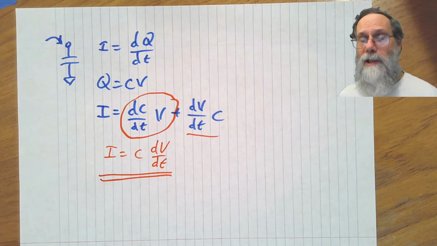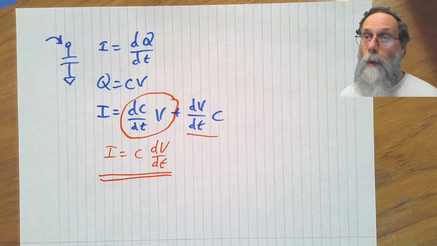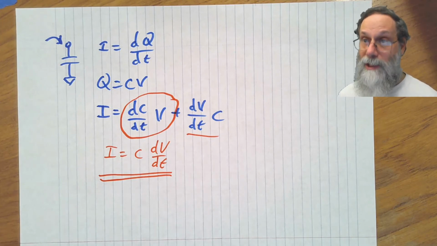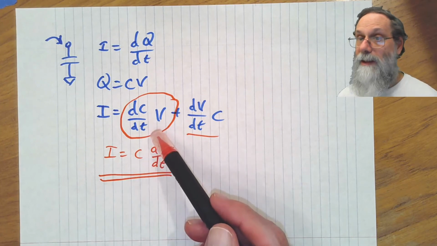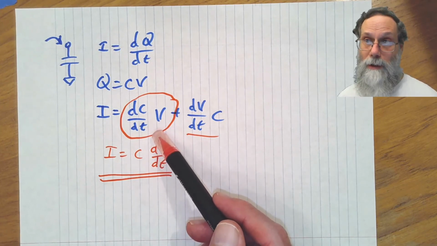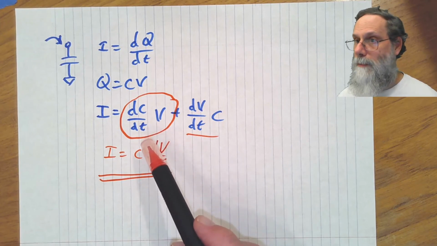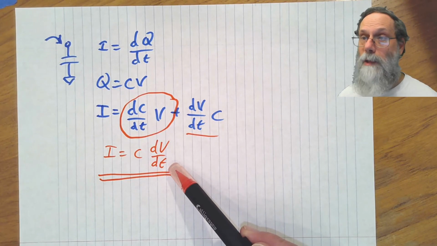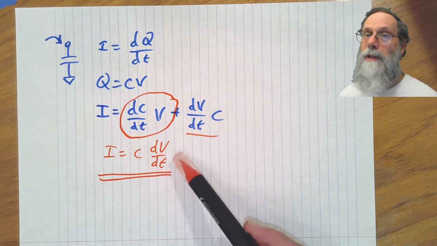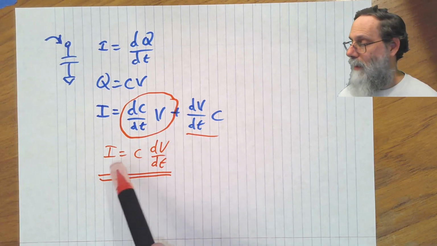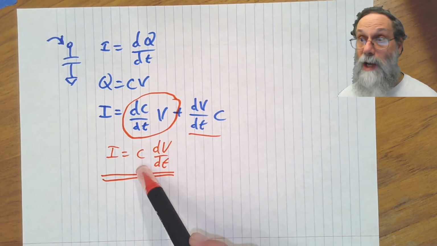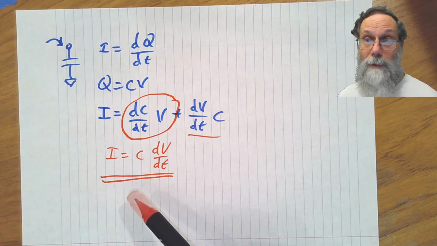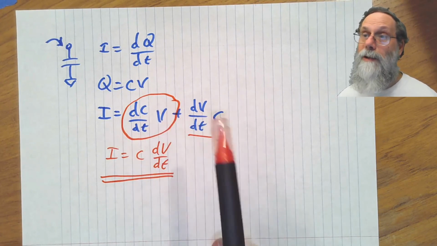When we're looking at capacitance-based sensors, where the signal we're interested in is the changing capacitance, then this part of the formula starts mattering. So be aware that there are times when you can think about everything as a constant capacitance. I equals C dV/dt, everything works fine. I is a function of time, V is a function of time, but C is not. C is a constant here. But if C is a function of time, then you can't ignore this other term.